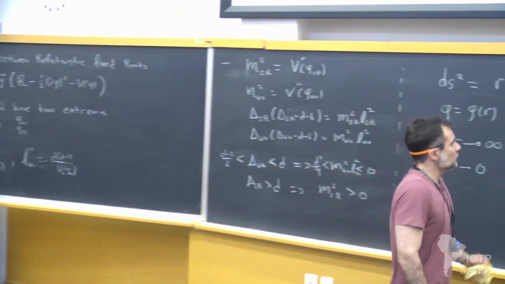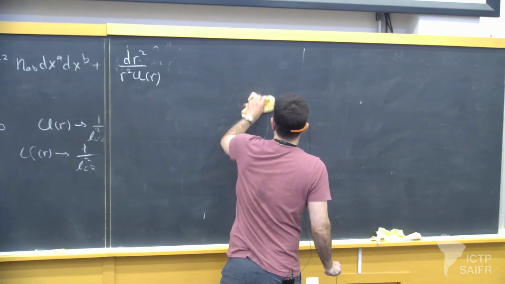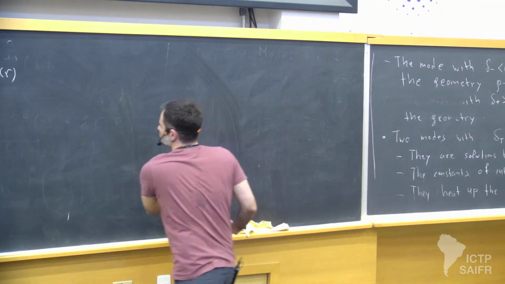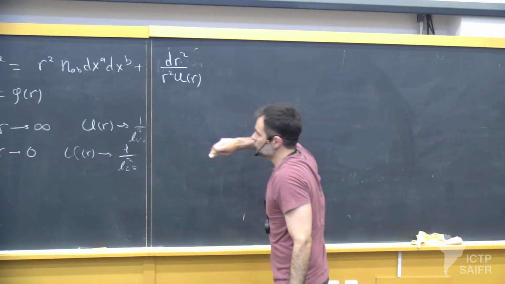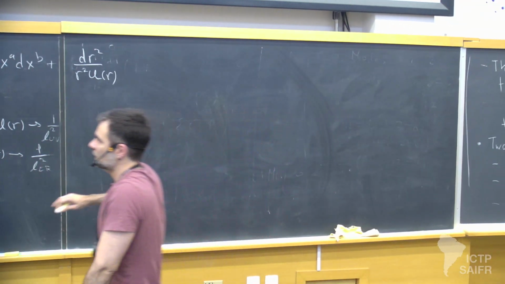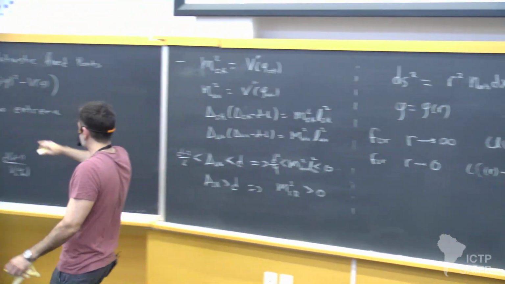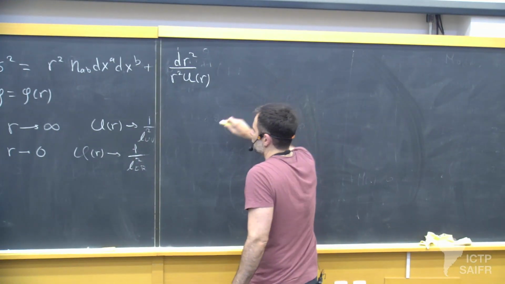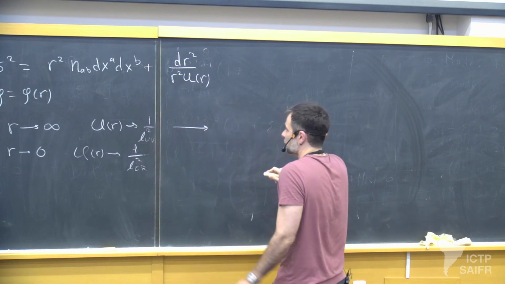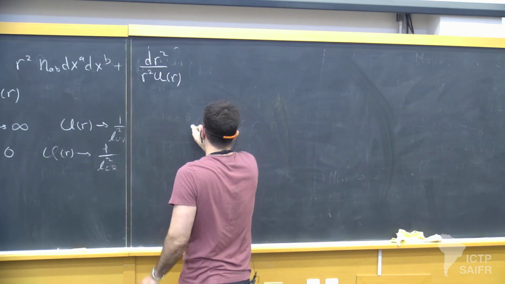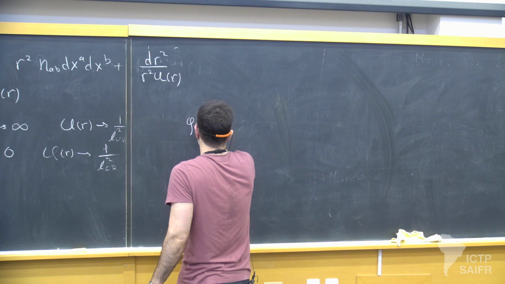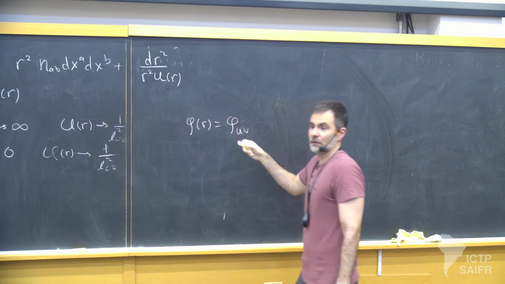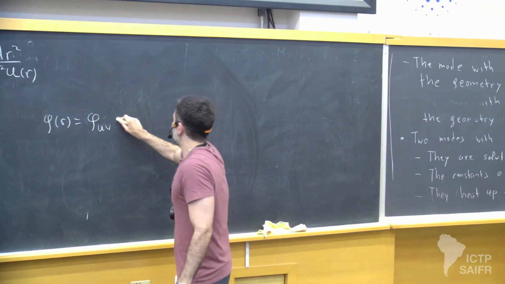Now, from the point of view of the scalars, there is only one scalar, what is the asymptotics? How should phi approach these two values, phi UV and phi IR? So for large values of R, phi of R should approach the UV value, right? And what else?